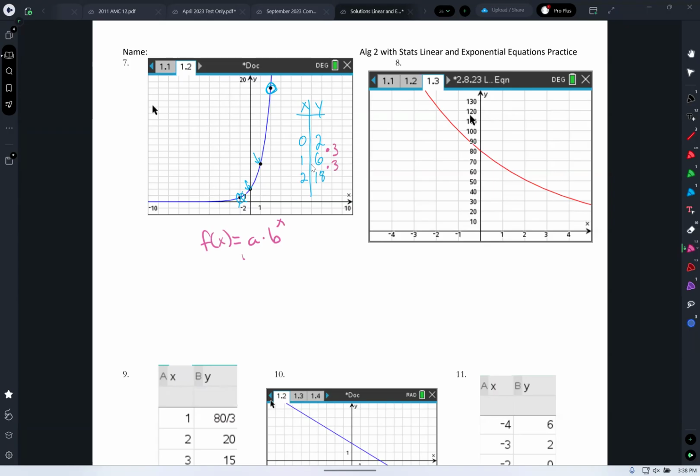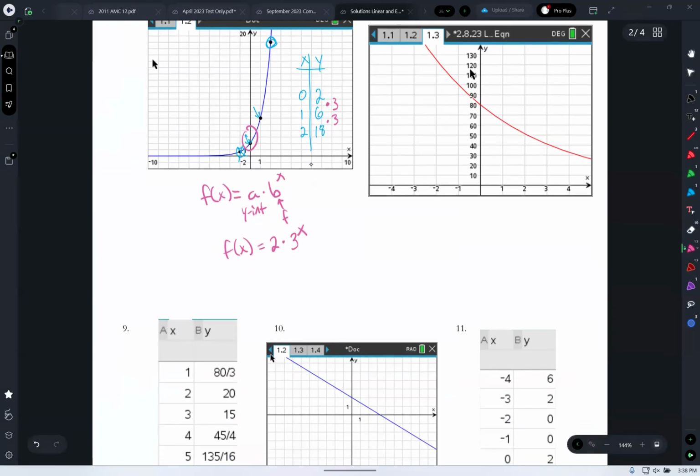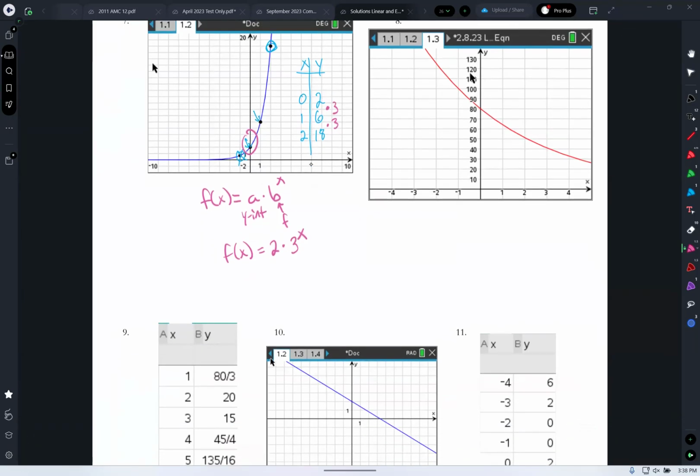And I know A is my y-intercept, B, the thing with the variable exponent, because exponents show repeated multiplication, is my constant factor. I can see my y-intercept of 2 times my constant factor of 3 raised to the x. And that's how I write the equation.